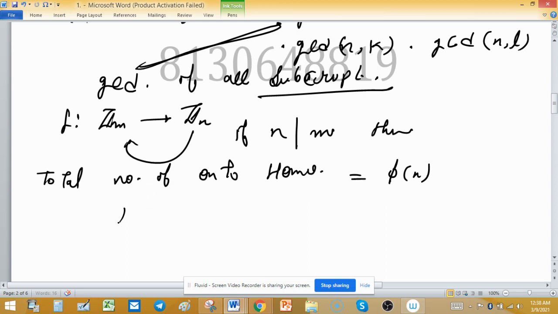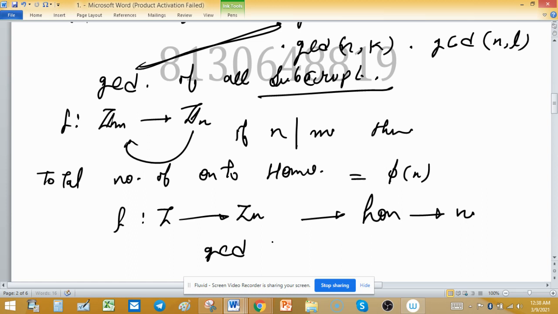If the function is from Z to Z_n, then the number of homomorphisms is n, or you can find GCD of n with n, which is 1.